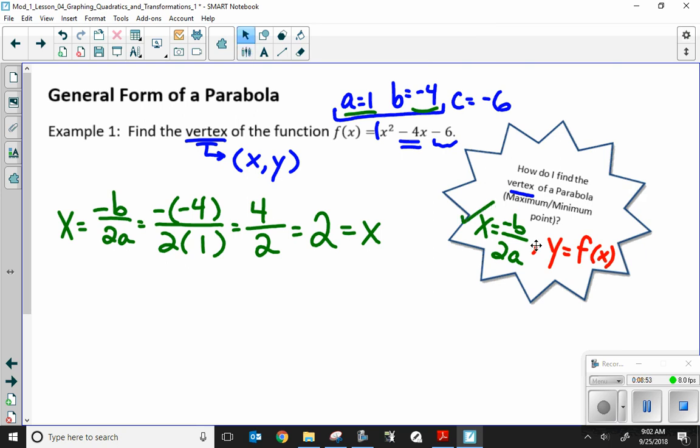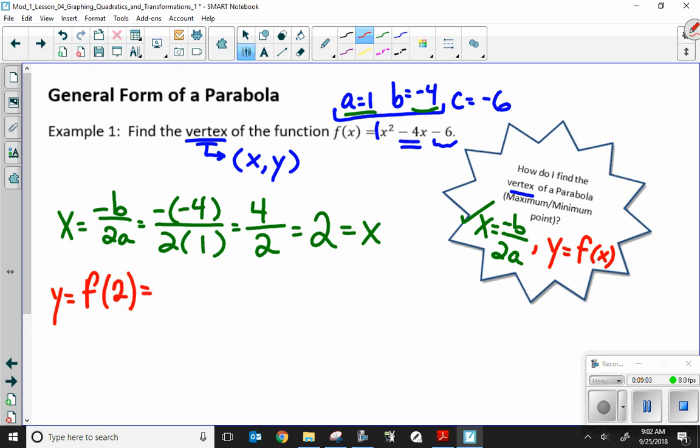What about the y? Well, for my y, I take my x value and just plug it into the function. So this is my original function, okay? Again, I use parentheses for the variable I'm substituting in for. So it's x squared, this first one, minus 4 times x, that's the second one, minus 6.